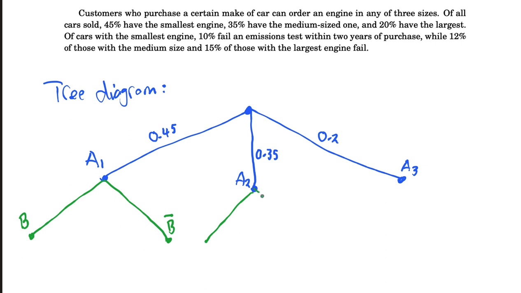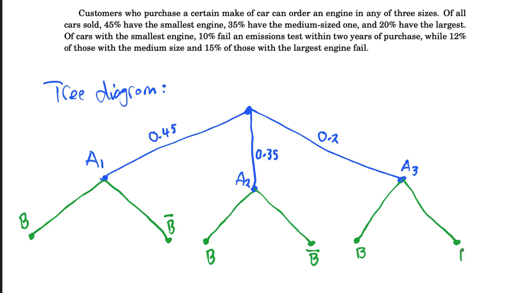Actually now I can put these below because we don't have any more branches. But again, if you have a complex enough experiment or scenario, then you could have this tree be very branchy, lots of leaves, but there we go.